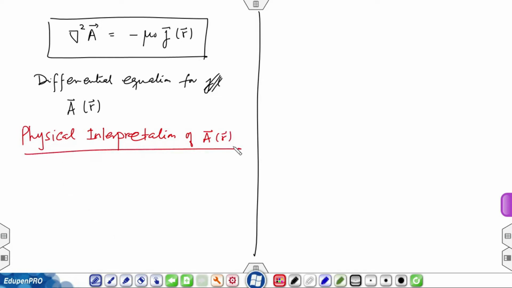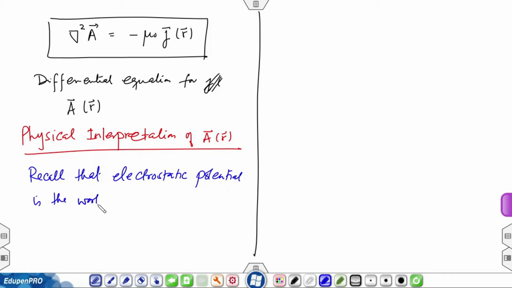Does it have any physical interpretation? Recall again that electrostatic potential is the work done in moving a charge through an electric field.